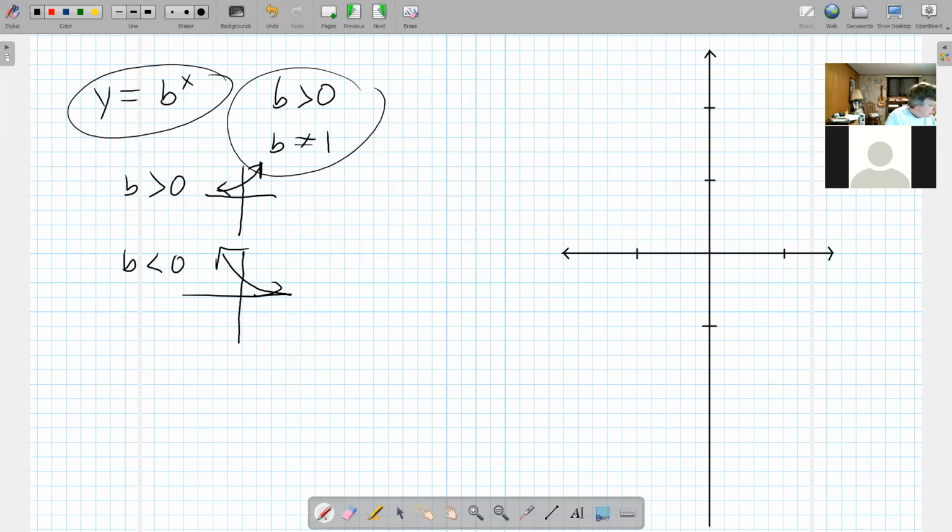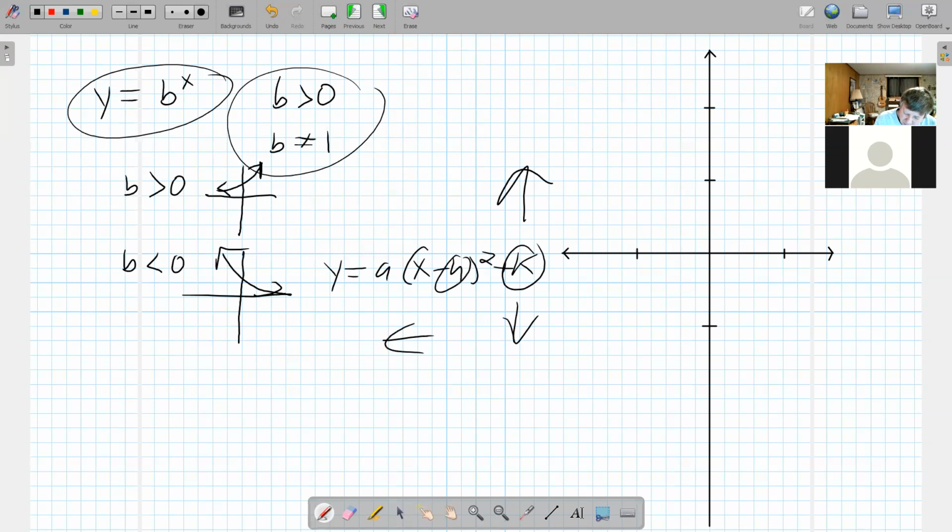All right, now let's go back to parabolas, back to chapter 10, and we had something of the form y equals a times (x minus h) squared plus k, and k moved the graph up or down, and h moved the graph left or right, and if a was negative, it opened down.